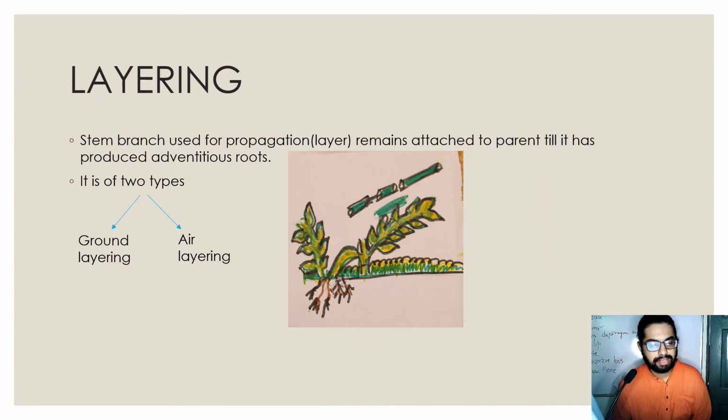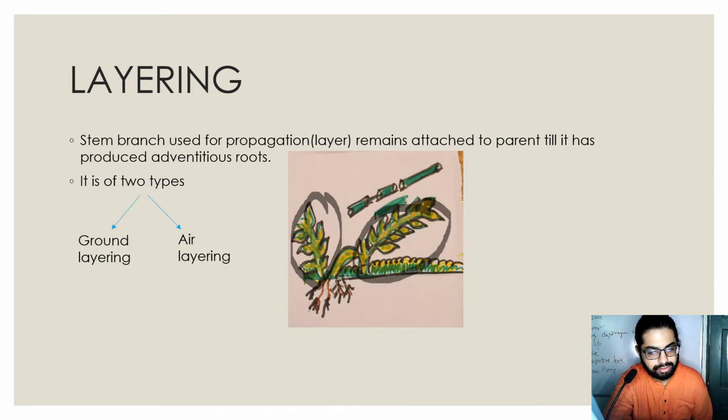Now layering. The stem branch used for propagation remains attached to the parent till it has produced adventitious roots. It is of two types, ground layering and air layering. You see here, the stem branch which is used for propagation remains attached to the parent.